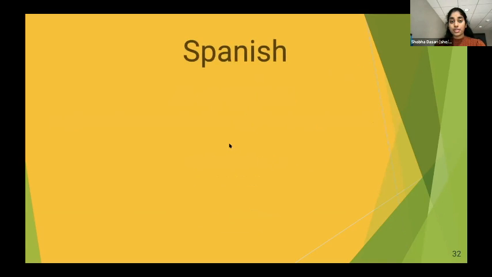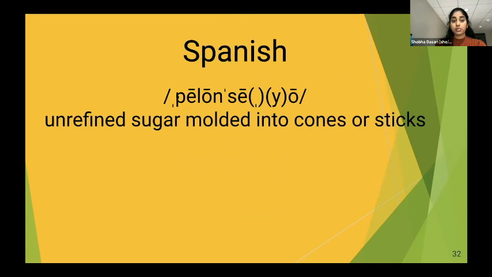Cool. Then for this word, this is piloncillo, which is an unrefined sugar molded into cones or sticks. So let's see what guesses we get for this.